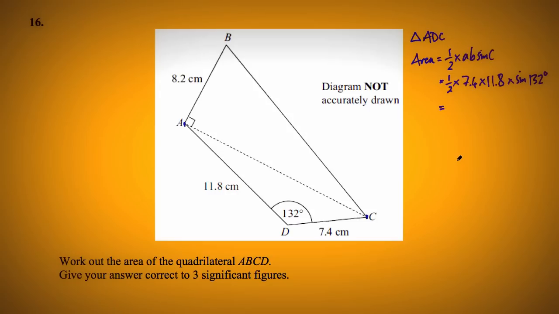So on my calculator, sine 132 times by 11.8 times by 7.4, and divide that answer by 2, gives me 8.0845. Just going to double check that.